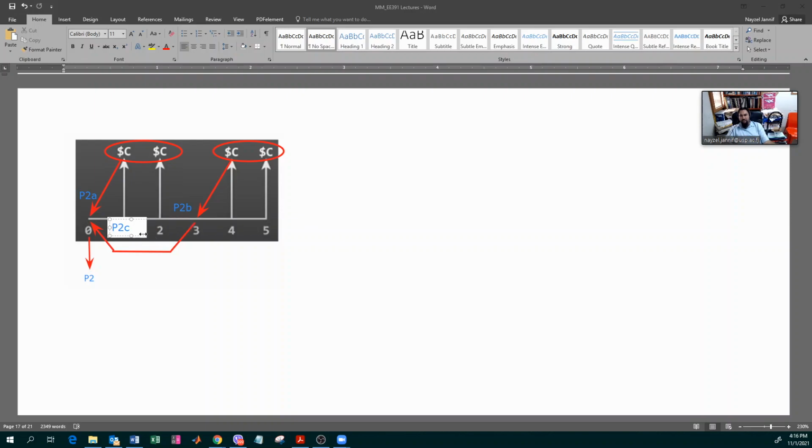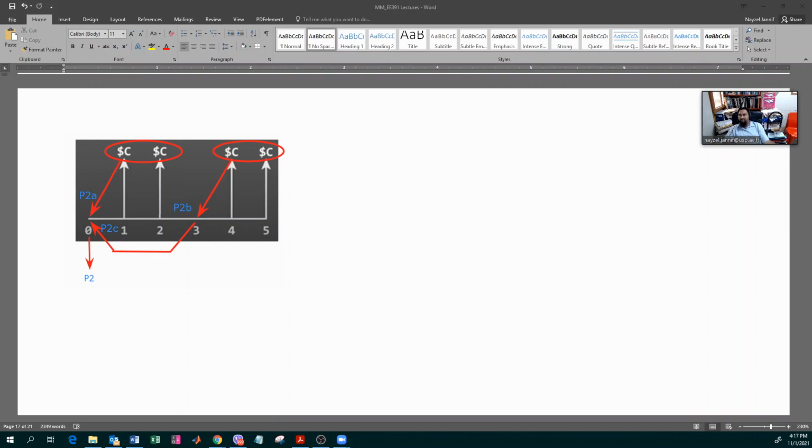Of course, you can use some other notation if you want, but I'm just giving you different names for different variables. Okay? All right. There we are. So, what is P2 equal to in the end? P2 will equal to P2A plus P2C.